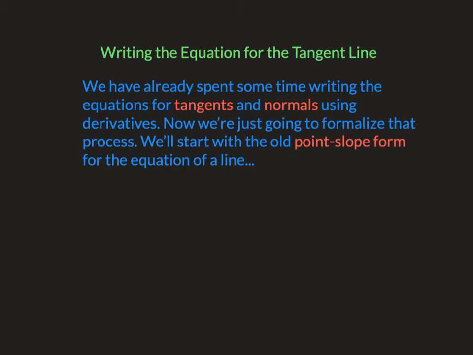You should remember from algebra class that the point-slope form is y minus y1, where y1 is a known point, equals m, which is our slope, times x minus x1. And x1 is the x-coordinate of the known point. What we're going to do is add a few different names for these variables and then solve this thing.